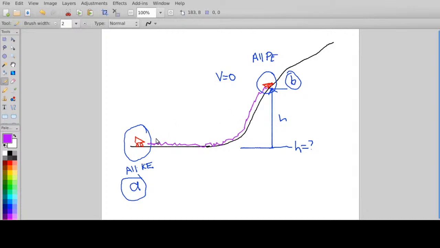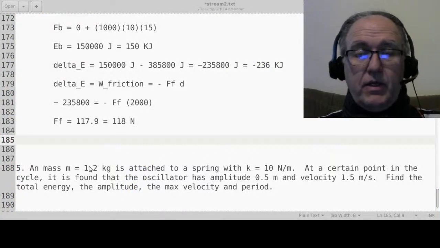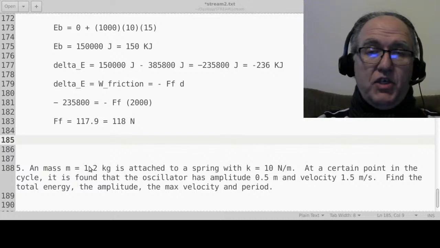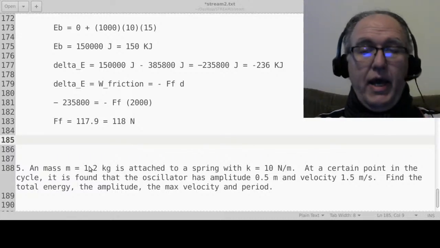Now 118 newtons is significant, but not for a car. That friction might be coming from the wheels, it might be coming from the air, whatever, but there it is. So there you have an example of conservation of energy versus energy lost due to friction.